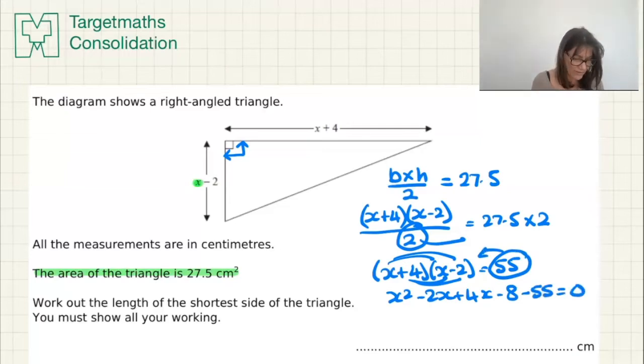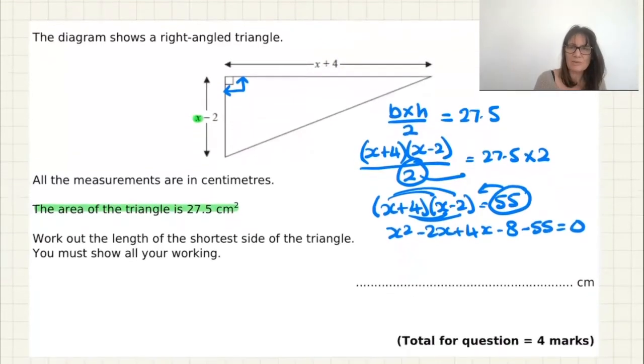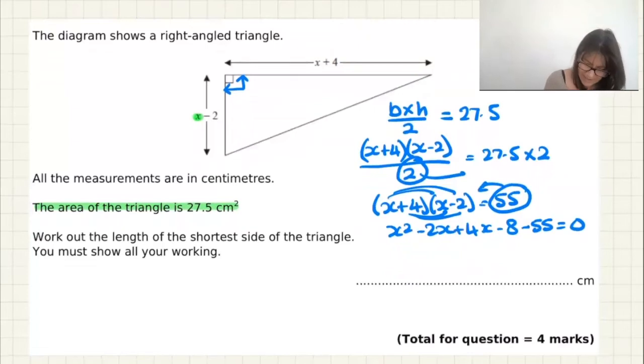So I've done all of that so far. When that all tidies up, I'm going to have x squared minus 2x plus 4x is plus 2x, and minus 8 minus 55 is minus 63.